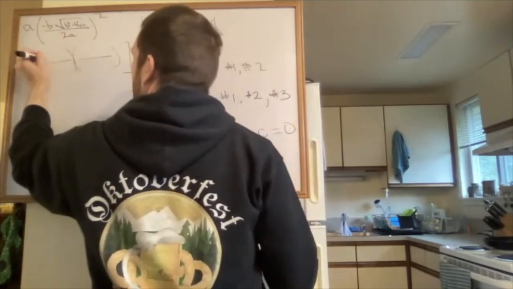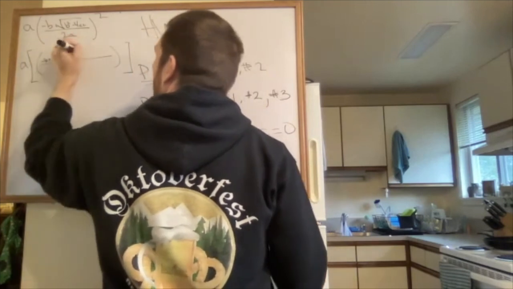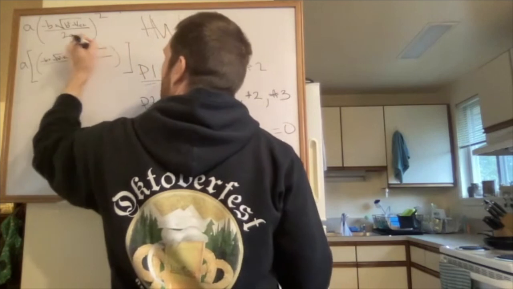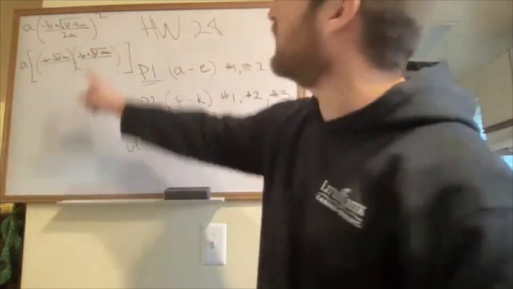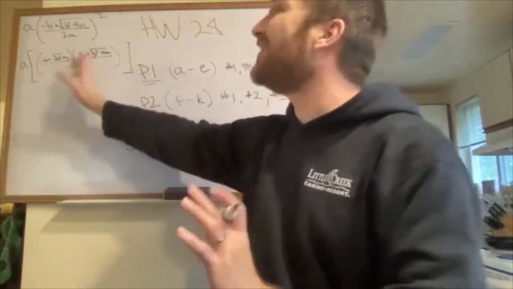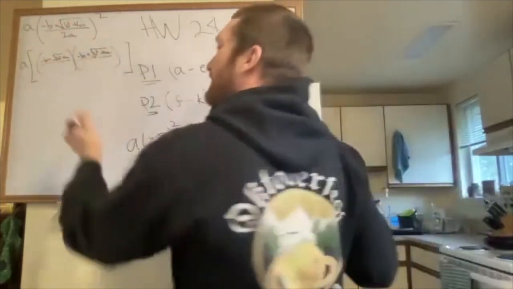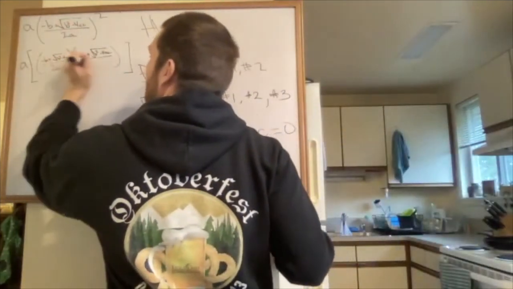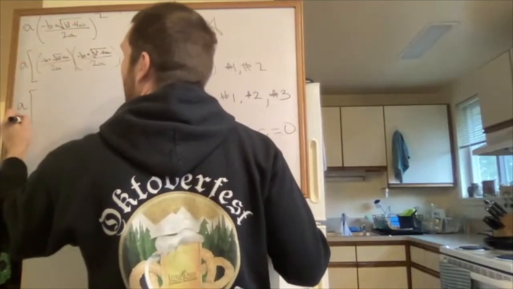And it looks like this: minus b plus the square root of b squared minus 4ac, over 2a, times minus b plus the square root of b squared minus 4ac, over 2a. Don't make the mistake of going, oh, you're squaring that up, so you do the plus and the minus. No, no. You have to make sure you're squaring the same thing multiplied by itself. So there's the 2a and the 2a. And so this is going to come out to look like this.